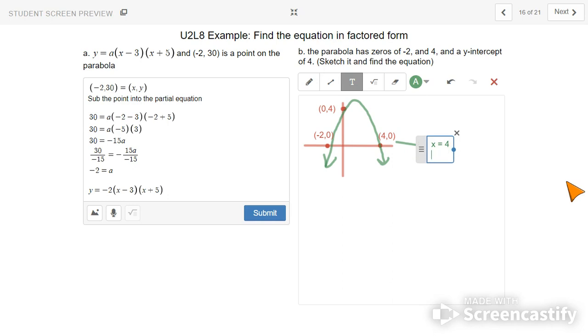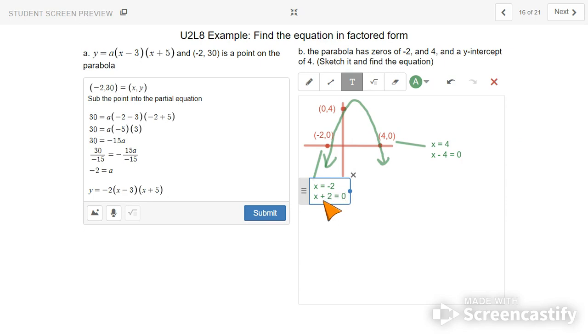So for me to rearrange it into the bracket, I need a first bracket that is equal to 0. And so one bracket is going to be x minus 4. Our second one, we're going to do the same thing. We know that x is equal to negative 2. So when we rearrange it, we have x plus 2 is equal to 0. And here's our other bracket.